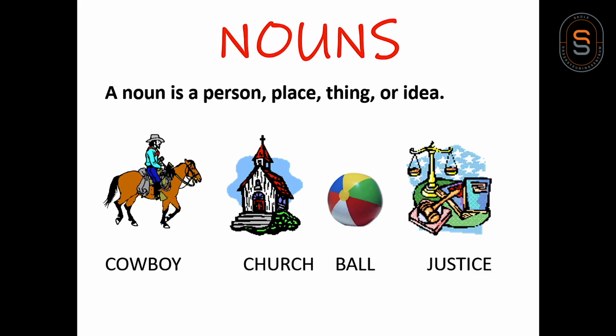A place, it's like a church, or Pretoria, or Johannesburg. A thing is a ball, or grass, or a table, or a chair. An idea is known as an abstract noun. It's like love, hate, justice, trust, anything like that.